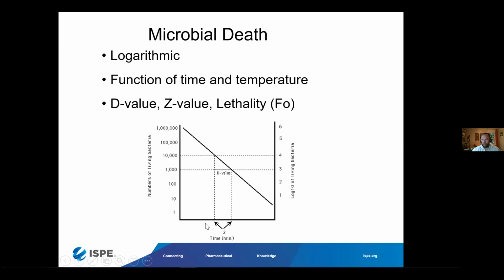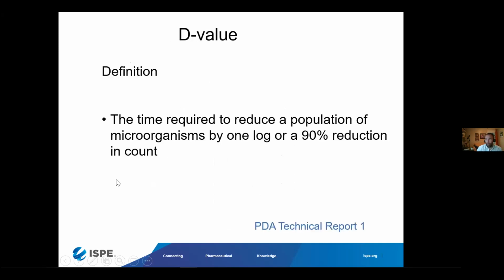And that 2 minutes in this example is what's called the D-value. Every 2 minutes, the population is reduced by 1 log, or 90%. So some organisms have a higher D-value or a lesser D-value, but for our validation purposes, the biological indicator typically has a D-value around 1.5 or 2 minutes. So that's the definition of D-value.